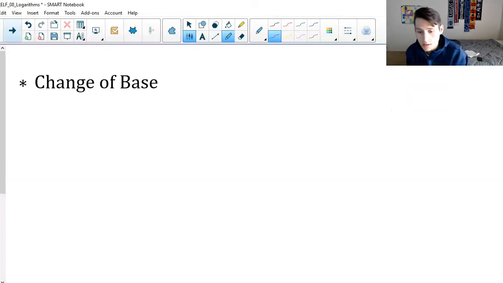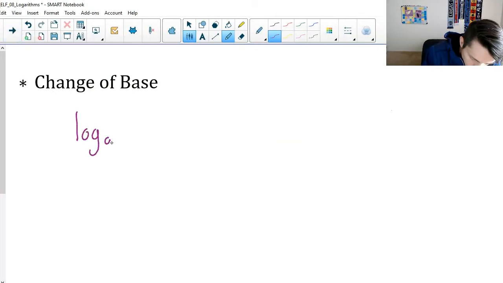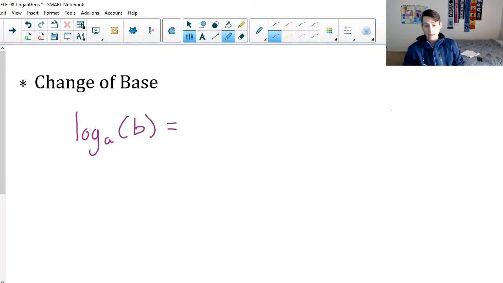All right, I think this is the one spot that might be new to you, using a change of base formula. If I have log base a of b, and I don't know how to calculate this in my head, but I still want to know the value, I could make it easier on myself by using a change of base.